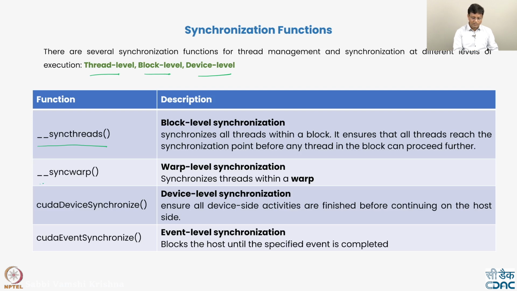The next synchronization function is __syncwarp. It provides warp-level synchronization. As you know, each warp has 32 threads, so this function synchronizes all the threads within a warp.